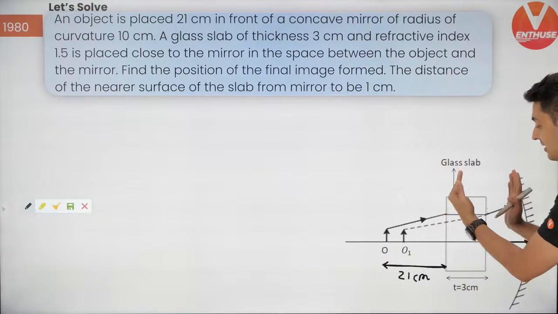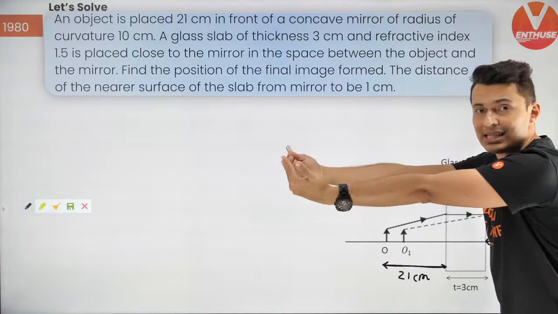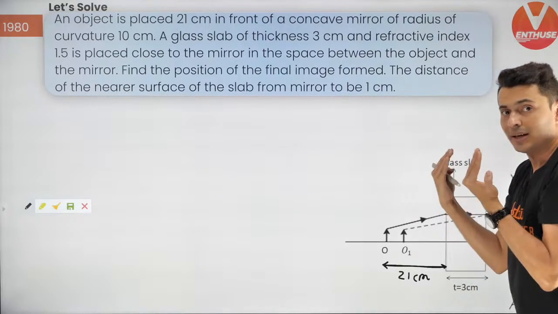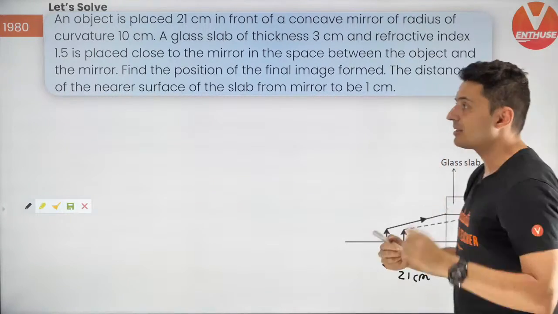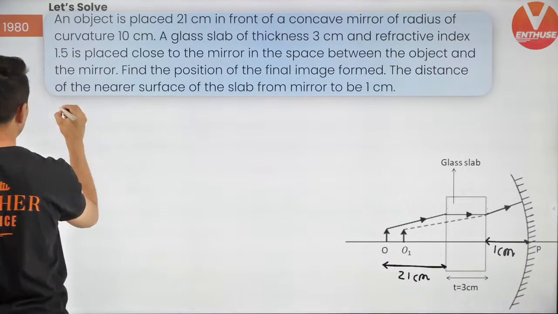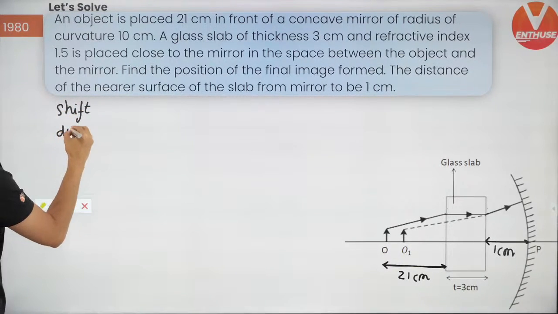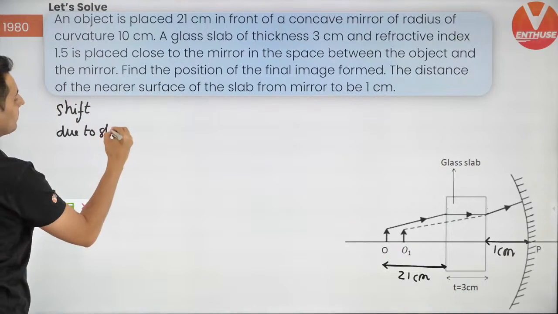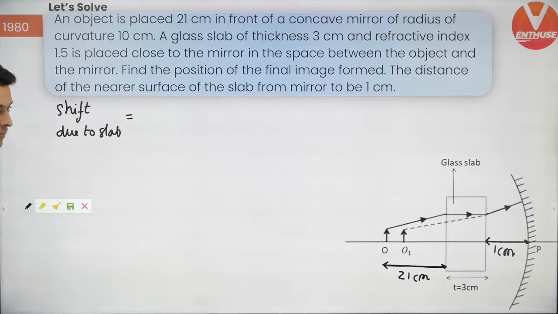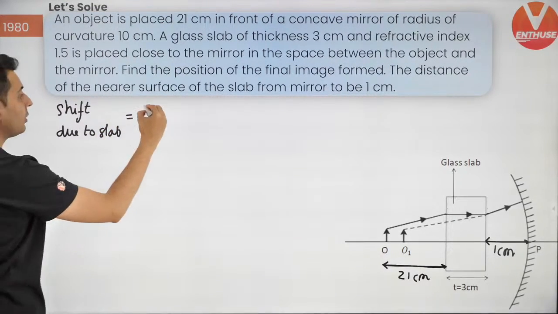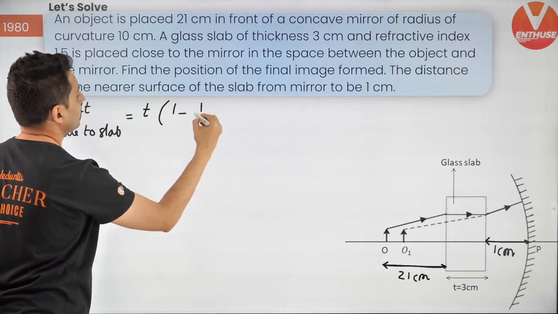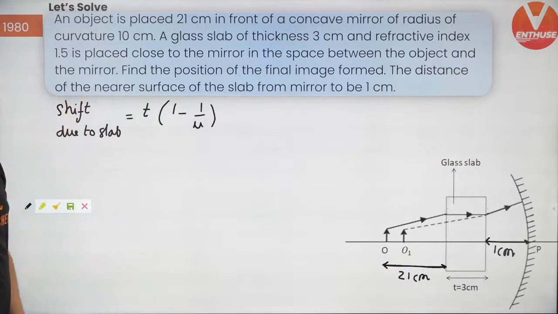Because this slab is going to shift everything on that side towards itself. So there will be some shift and we can calculate that shift. It's not that difficult. The shift due to the slab, remember there was a formula. Recollect, what was that formula? It was thickness into 1 minus 1 by mu. Do you remember this formula? I hope this is clear. Thickness into 1 minus 1 by mu.